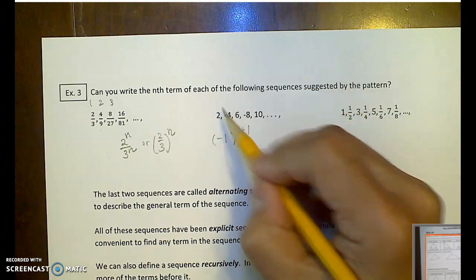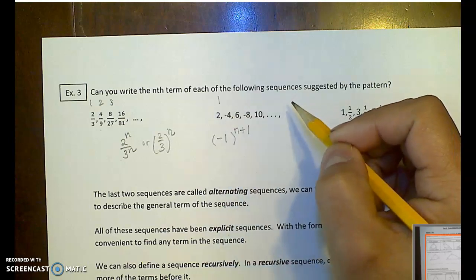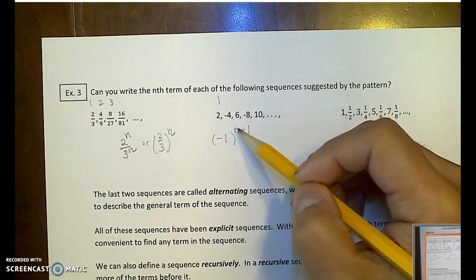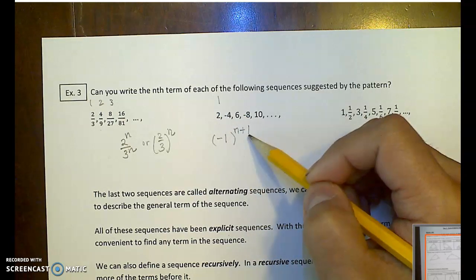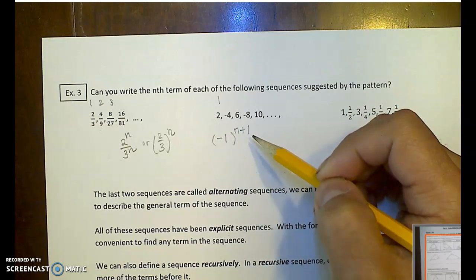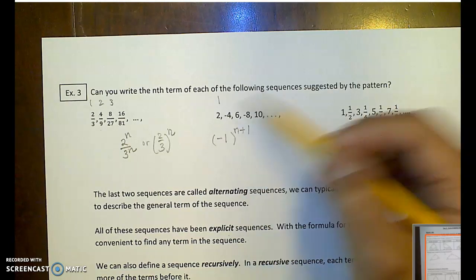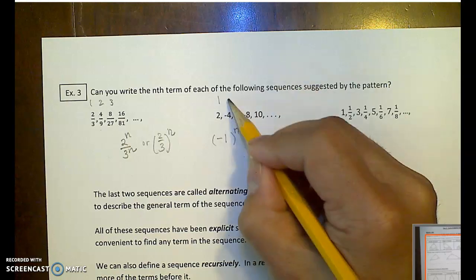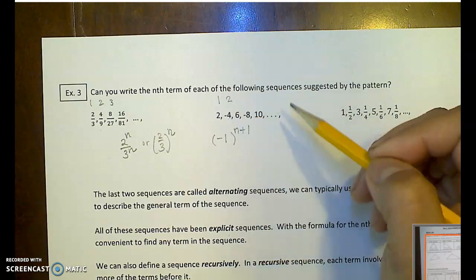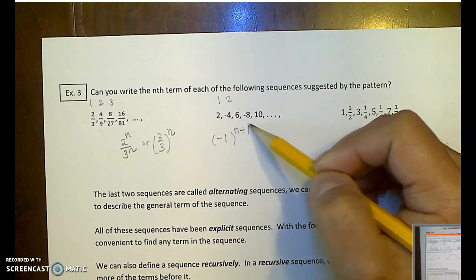So you can see, just testing this out, our first term is a positive number. If we plug 1 in for n, I get 1 plus 1 is 2. And -1 to the second power, -1 to an even power makes it positive. So we're going to have our positive sign there. If I plug 2 in for n, 2 representing my second term, here my second term is negative. I get 2 plus 1 is 3 for my exponent.